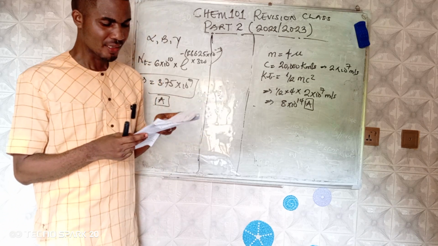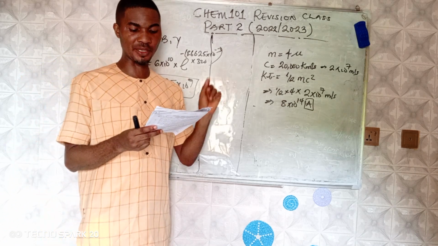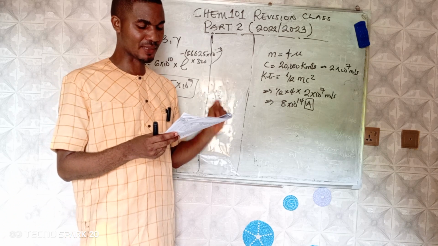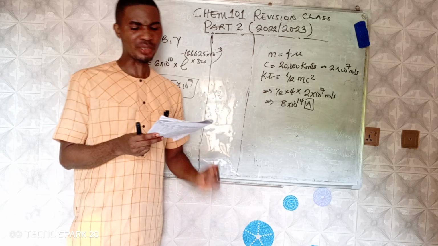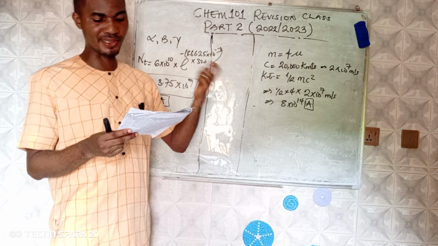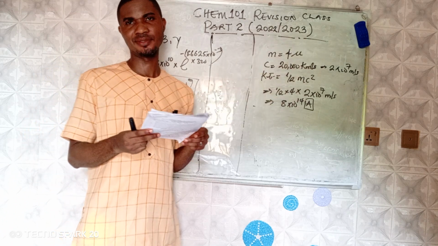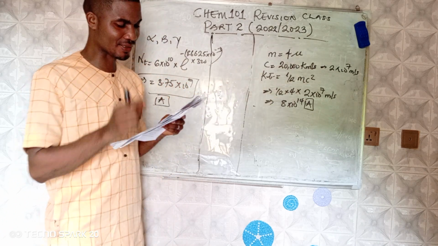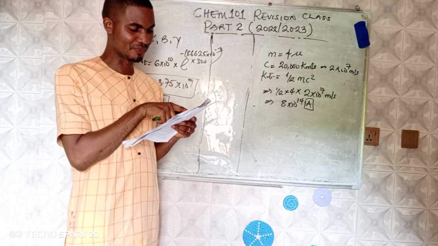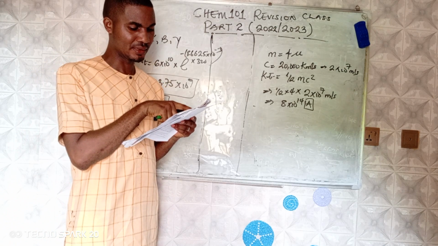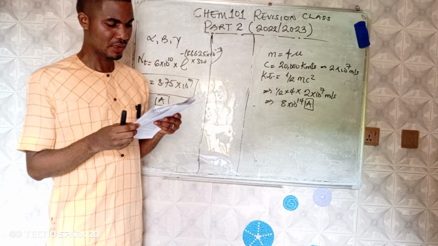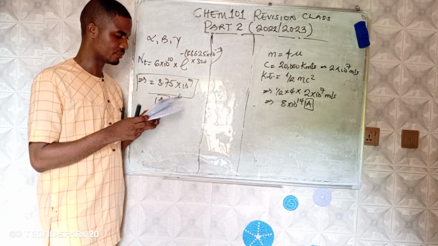Why? Isotopes have the same atomic number and the same position in the periodic table, but they differ in their mass number, due to different number of neutrons. That statement makes option C correct.